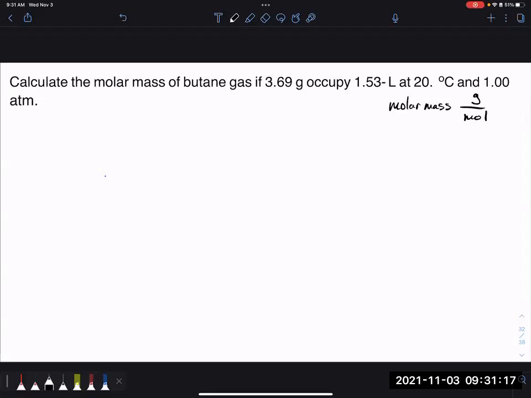And then if we write down the other numbers that we're given here, we want to know the molar mass. We're given a mass of 3.69 grams, and we have a volume, 1.53 liters. We have a temperature, 20 degrees C, and we have a pressure of 1 atmosphere.